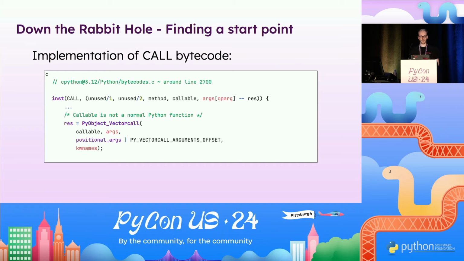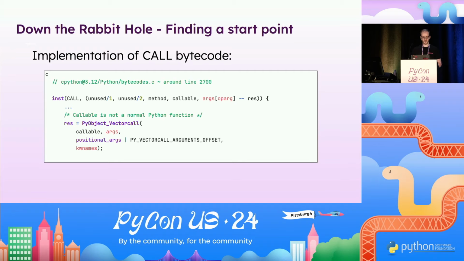In Python 3.12's source, you will find a file called bytecodes.c, which contains the implementation of call. And it's a fairly long instruction because there are a few different ways and special optimized cases. But eventually, you're going to reach this clause, which reaches for a function called PyObject_Vectorcall.